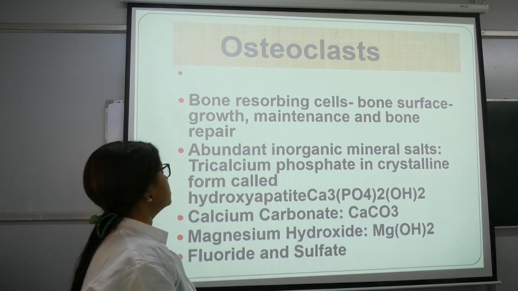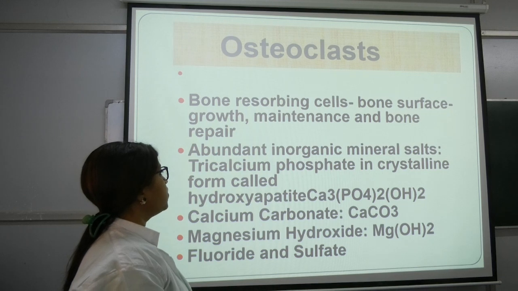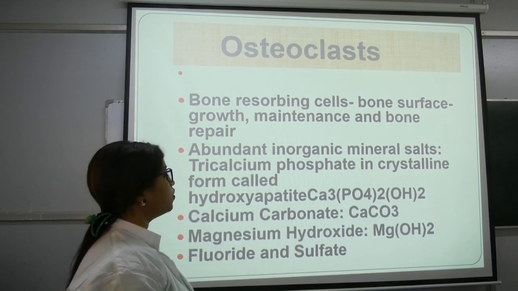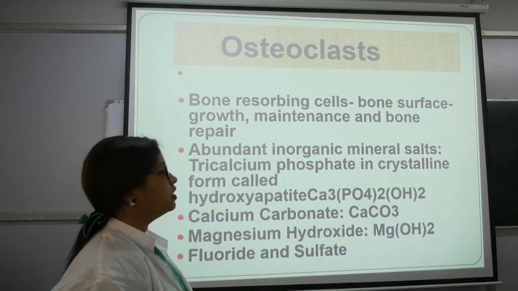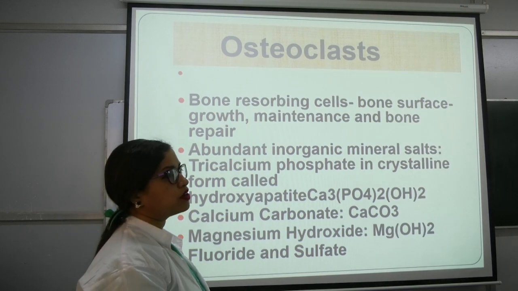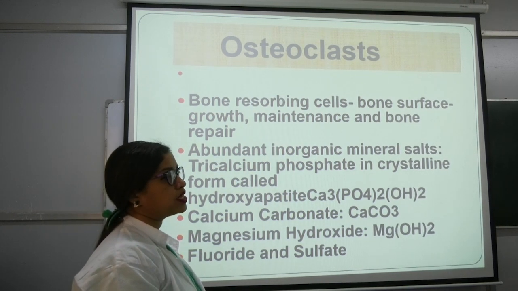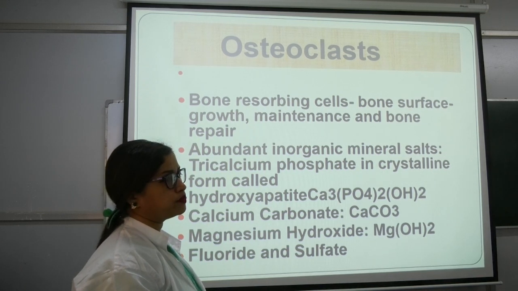The process: abundant inorganic mineral salt, that is tricalcium phosphate in crystalline form, known as hydroxyapatite. So this is the formula: Ca3(PO4)2(OH)2. This is the formula of calcium hydroxyapatite, also known as tricalcium phosphate.